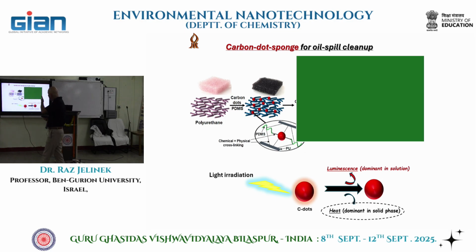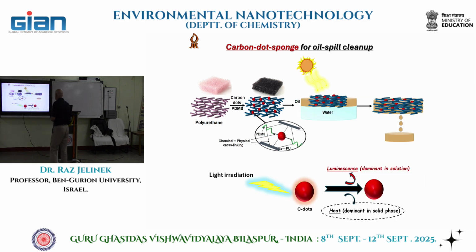So our idea here is, let's do the same thing. Let's make the oil less viscous, and then it will go very efficiently into the sponge. How can we heat the oil? With the photothermal effect of the carbon dots.